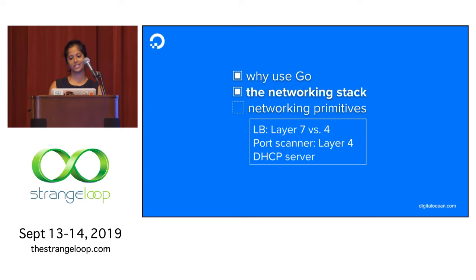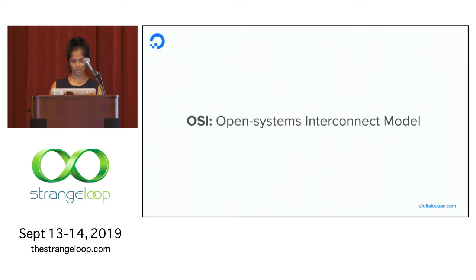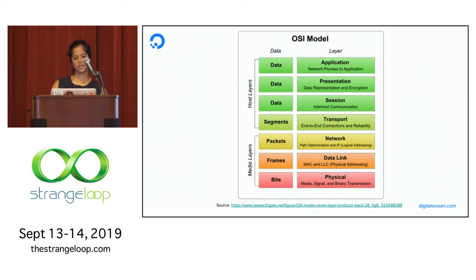But let's now dive into the networking stack. So some of these terms that I mentioned before, OSI, or Open Systems Interconnect Model. So the OSI model is a framework for thinking about how packets might traverse a communications network. So if you have studied computer science or you're interested in networking, you've probably heard of this.